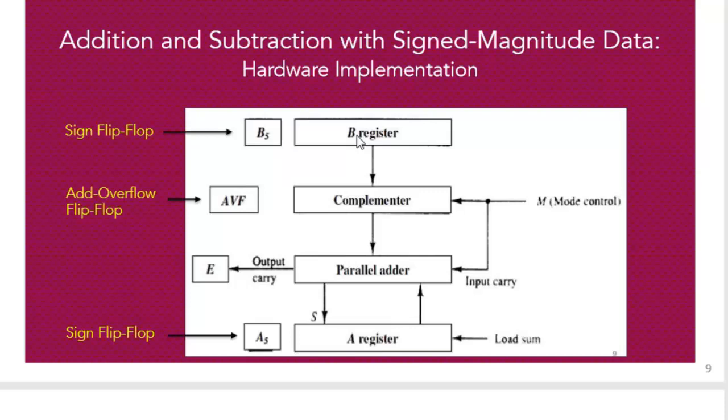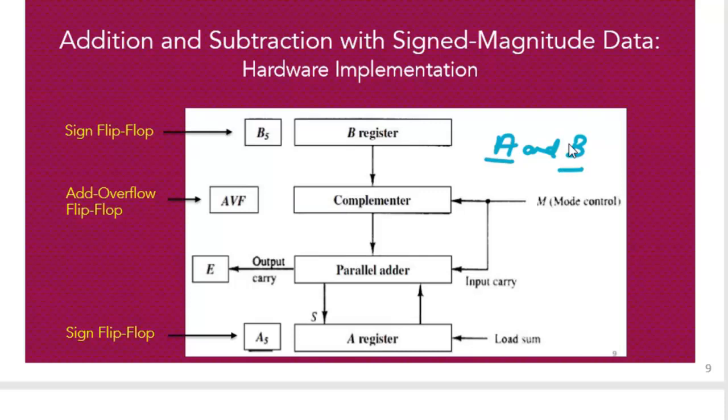The same algorithm and same hardware implementation is used for both addition and subtraction of signed magnitude data. Now here you can see the components. First, to perform the addition and subtraction, we require numbers, that means A and B. A and B are the two operands required to perform the operation.